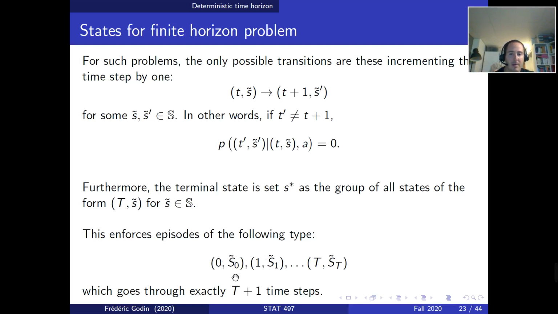So here, even though the two S tildes might be the same, you might have a policy which entails taking one action in this state, which is the combination of 0 and S tilde, and another action in state 1 and S tilde. Okay, so this allows you to define policies where you behave differently as time goes by.